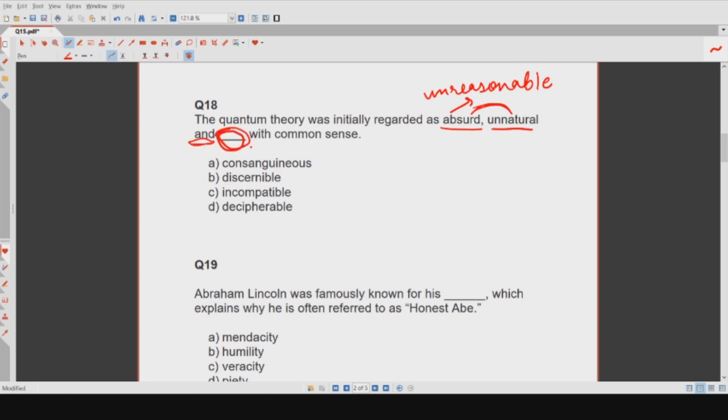So we have to fill the blank with a negative word only because of this "and" with common sense. Here the most suitable option is C. Incompatible. The quantum theory was initially regarded as absurd, unnatural, and incompatible with common sense. I hope that makes sense.